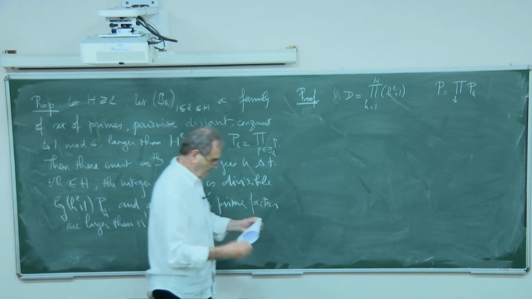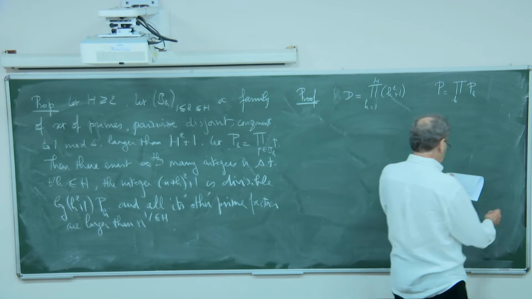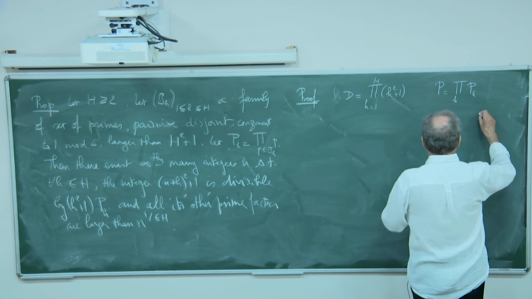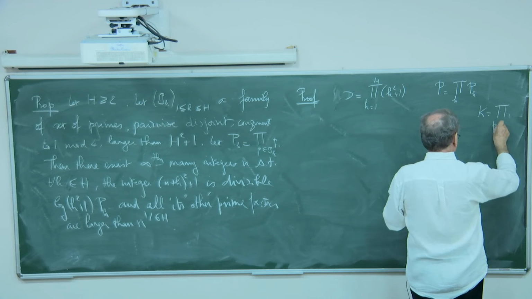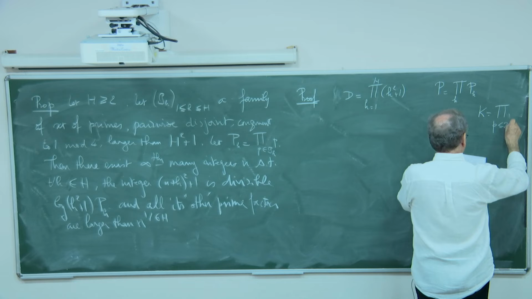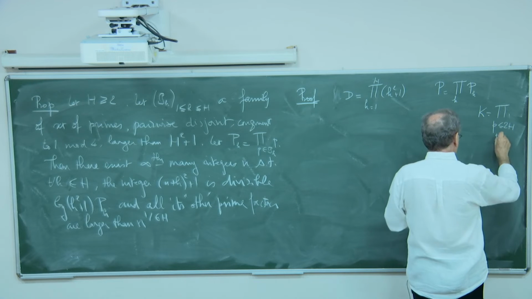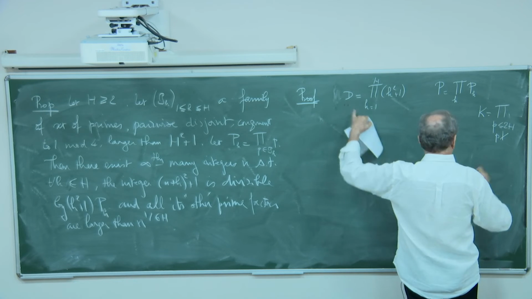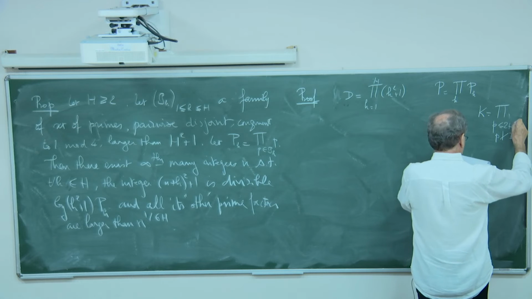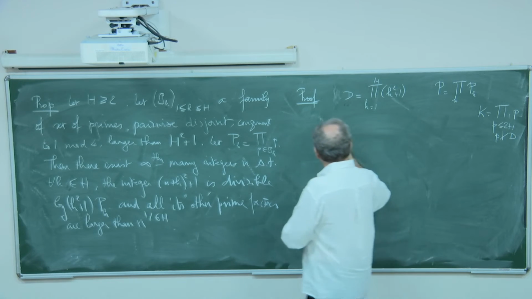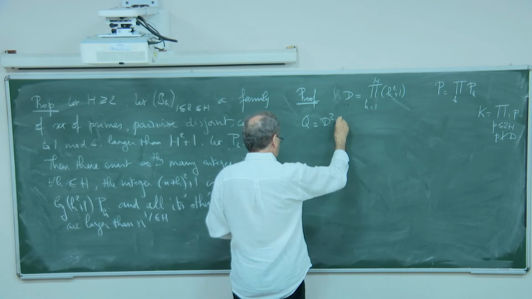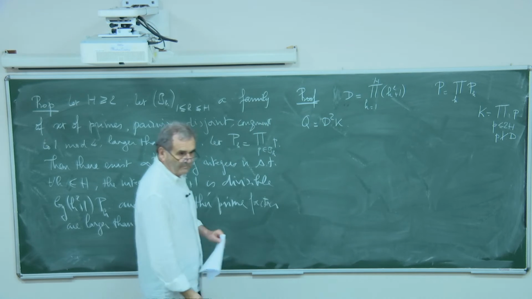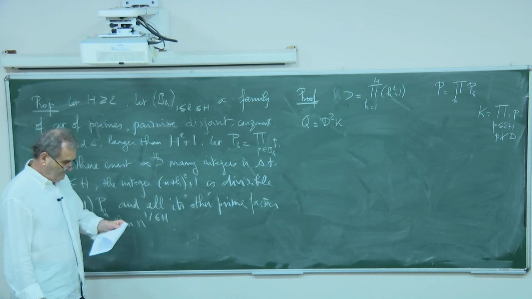Also another element will be interesting, which is K, the product of the primes up to 2H such that p does not divide D, that is, not in this family. You also have to consider this, and Q is D squared times K. Fine, this is just a construction.